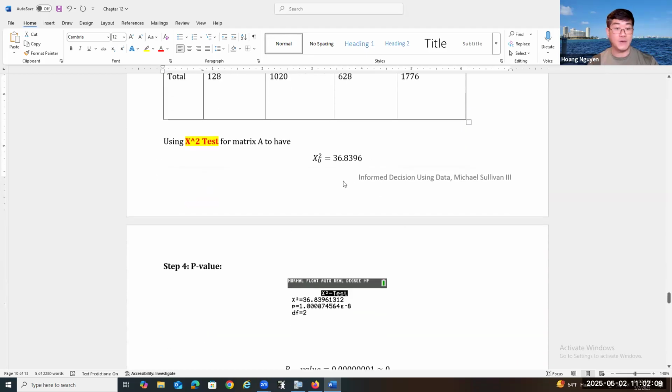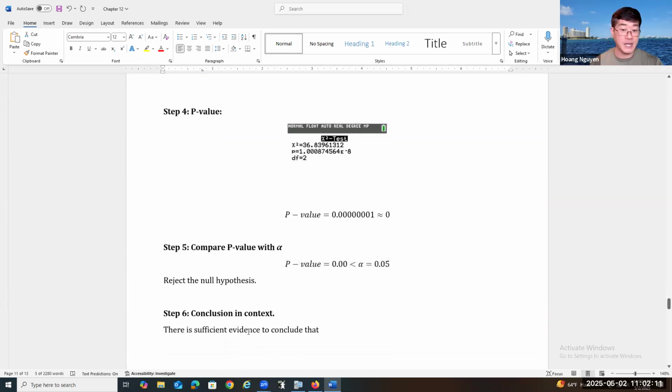So rejecting the null hypothesis means that there is sufficient evidence to say that gender and response are dependent at the 0.05 significance level. So that's going to be the conclusion of your hypothesis test for independence.